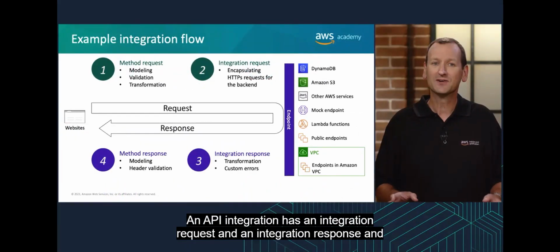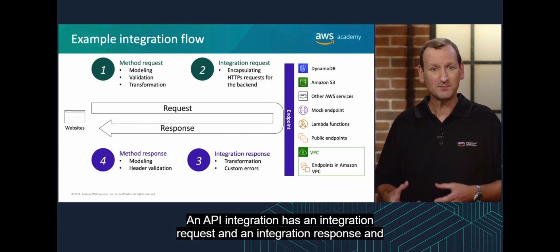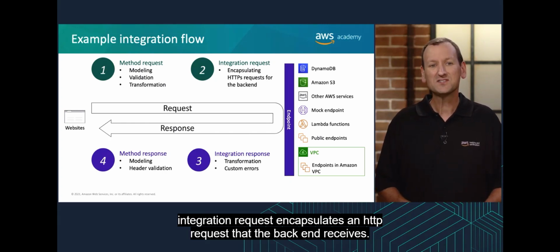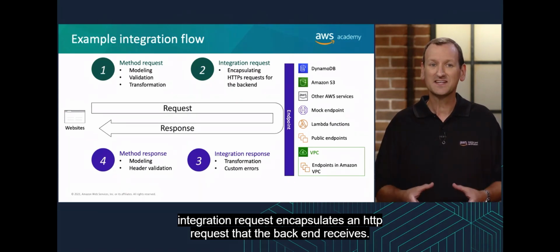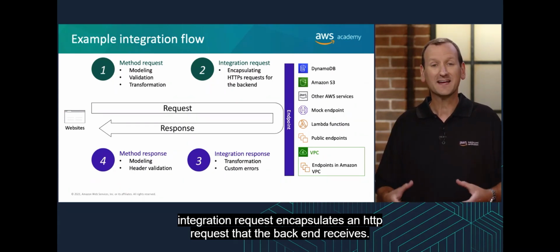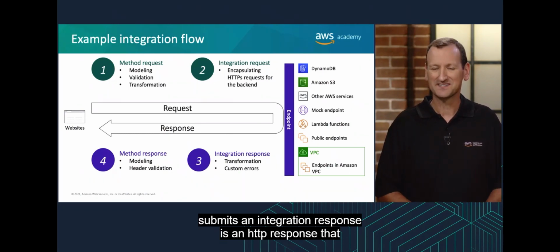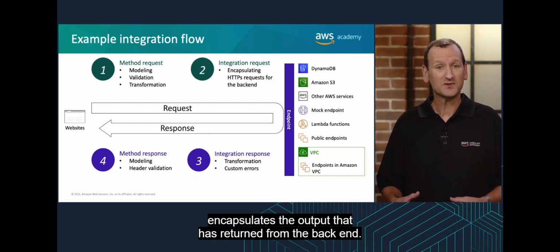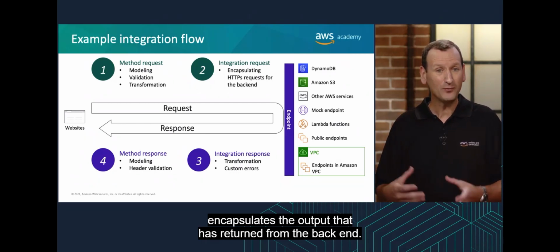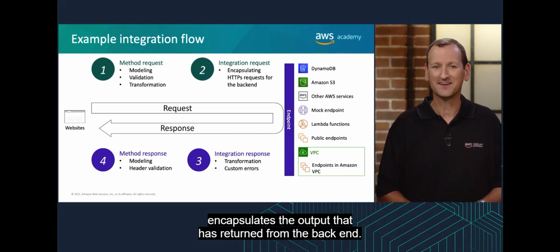An API integration has an integration request and an integration response. An integration request encapsulates an HTTP request that the backend receives. It might or might not differ from the method request that the client submits. An integration response is an HTTP response that encapsulates the output that is returned from the backend.